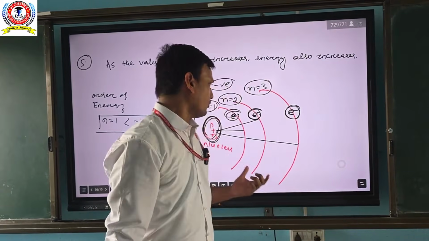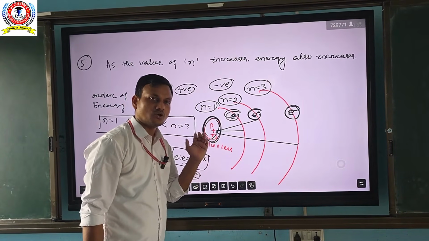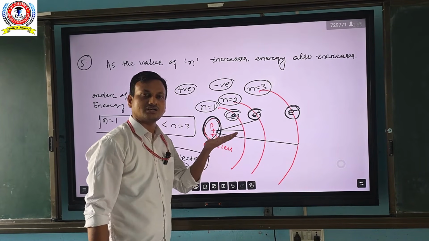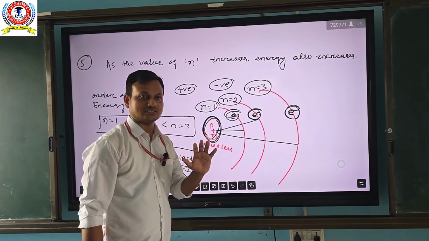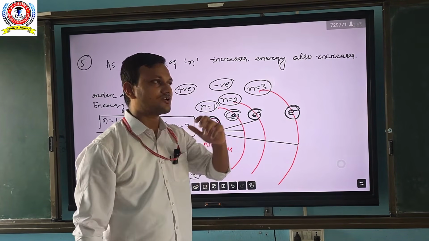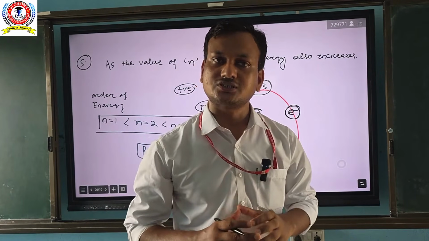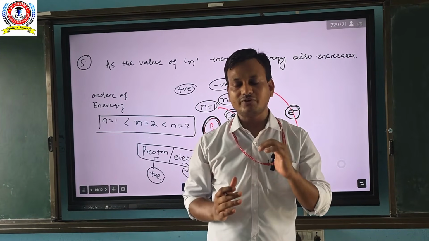When distance decreases, attraction increases. When distance increases, attraction decreases. And when attraction occurs, the energy of the system decreases, and when the energy of the system decreases, the stability increases.